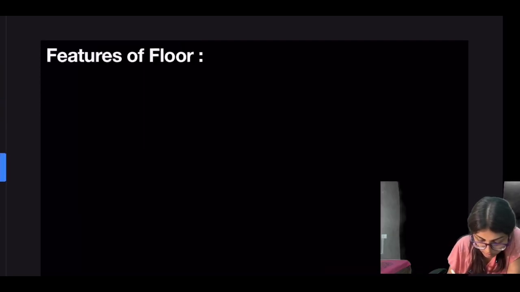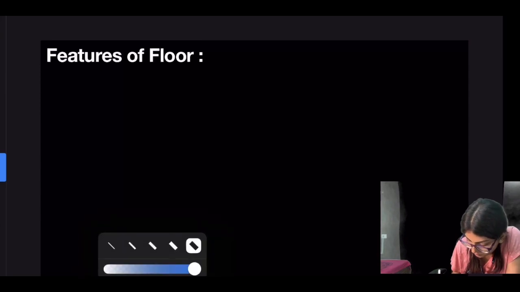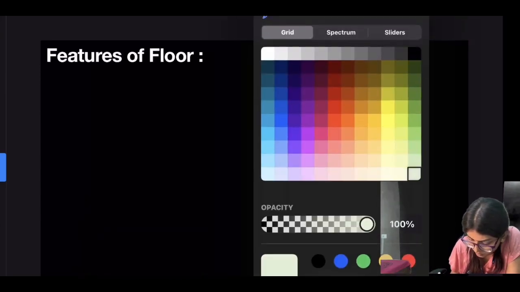Now we will discuss some features of the floor. These are the most important features.